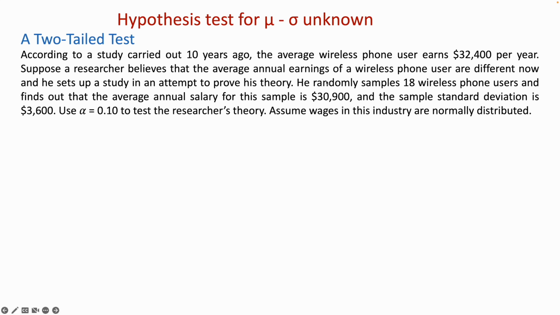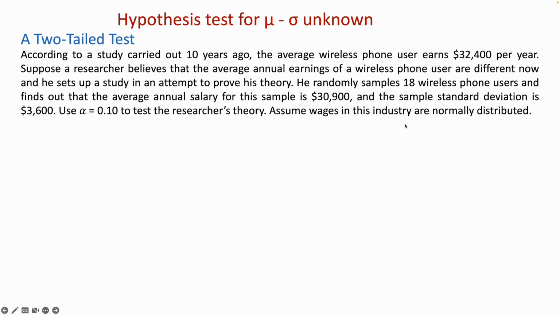He randomly samples 18 wireless phone users and finds out that the average annual salary for this sample is $30,900 and the sample standard deviation is $3,600. We are going to use a level of significance of 0.10 to test this researcher's theory. Assume wages in this industry are normally distributed.